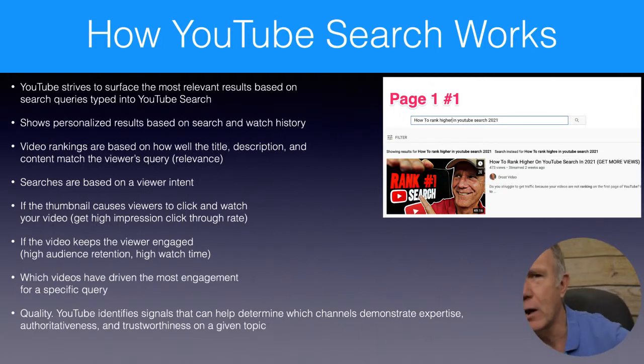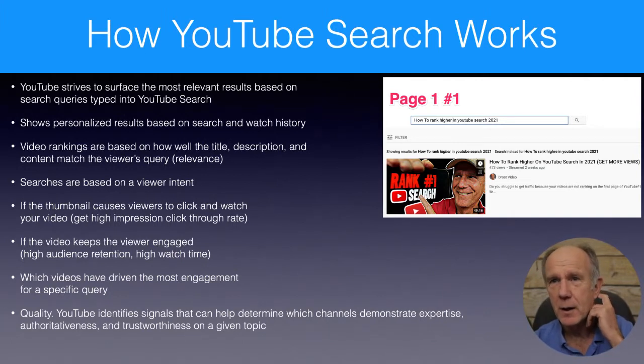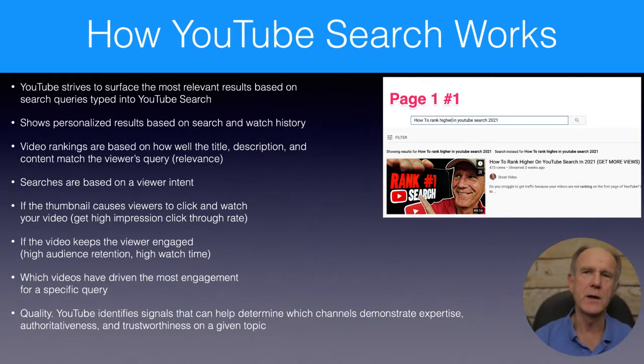Another factor is the quality. So YouTube identifies the signals that help determine the expertise, the trustworthiness, and the authoritativeness of that topic. So that means you have to create a high quality video that demonstrates your expertise. And so that's why you're having good quality audio, good quality picture in your video.